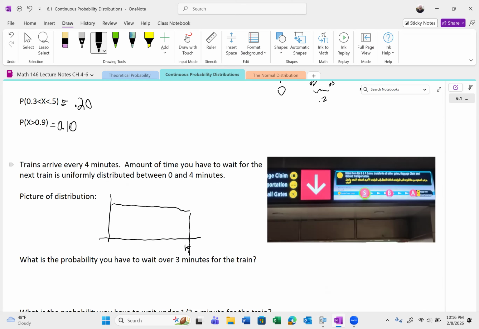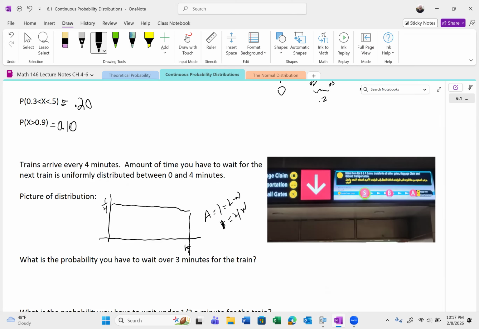But the height now that you're looking at is going to be 1/4. It's going to be 0.25. The total area of this rectangle has to equal 1, and the length times the width has to equal 1. And so if the length is 4, the width has to be 1/4, or the height, whatever it is that you're looking at there.